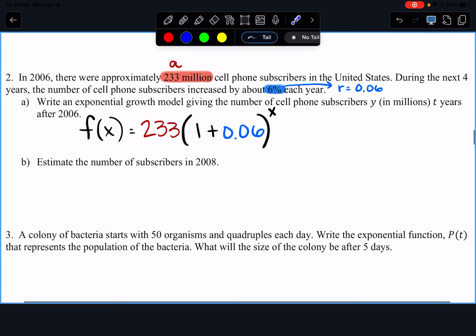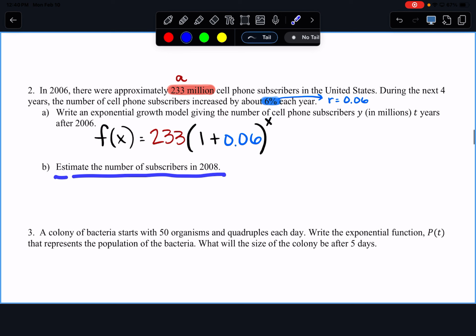Now, the next one says estimate the number of subscribers in 2018. How big of a gap is it from 2006 to 2008? 2 years. So what do I need to plug into that function? 2. So we're going to find f of 2.